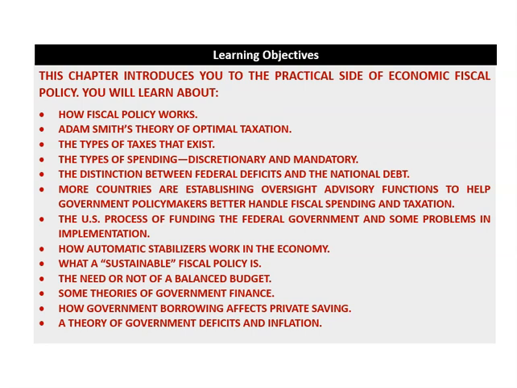What a sustainable fiscal policy is. 10. The need, or not, of a balanced budget. 11. Some theories of government finance. 12. How government borrowing affects private saving. 13. A theory of government deficits and inflation.